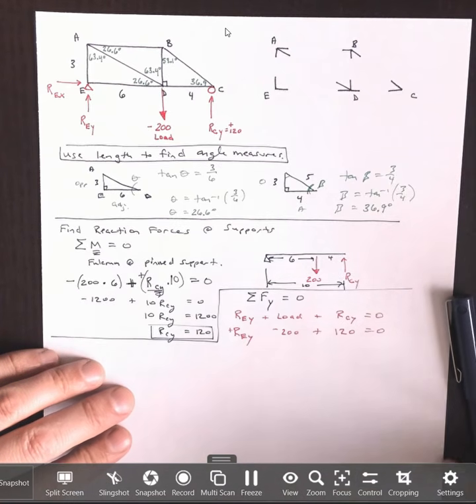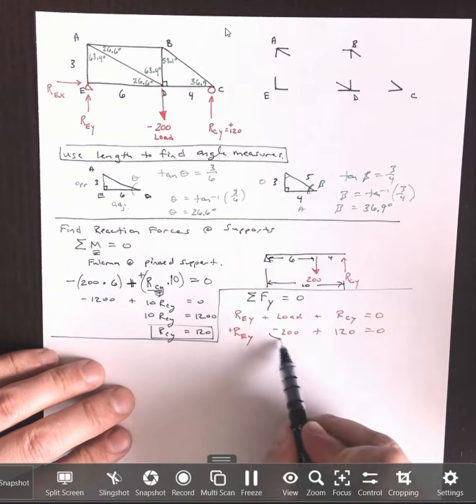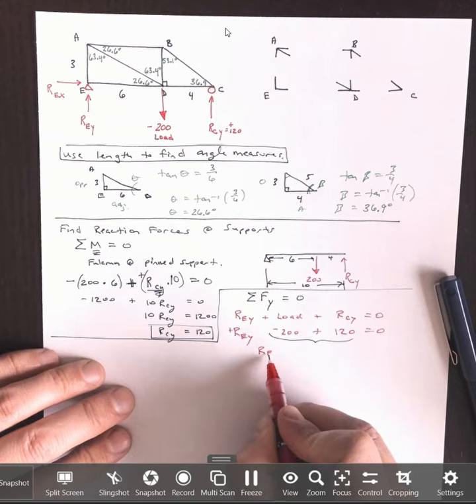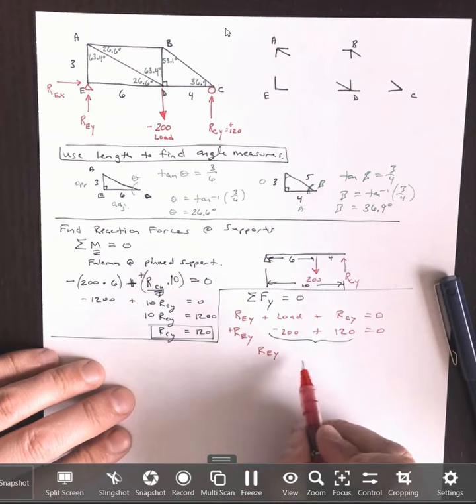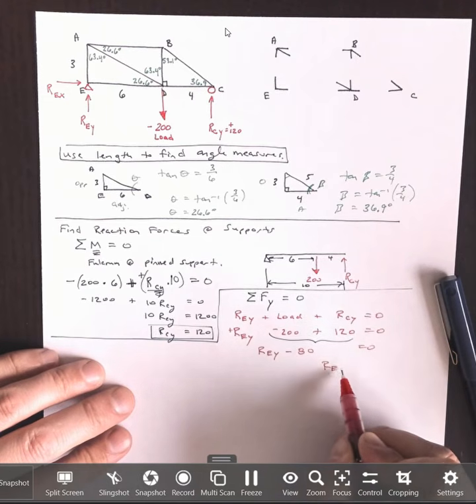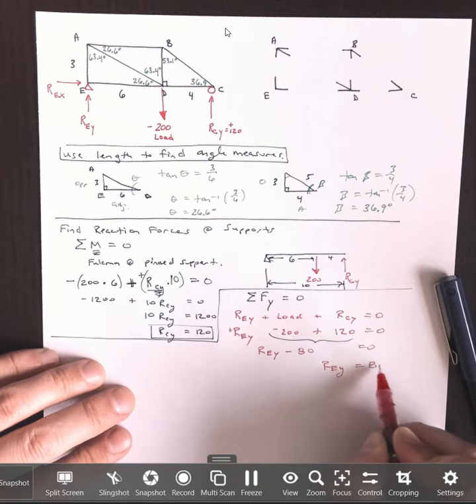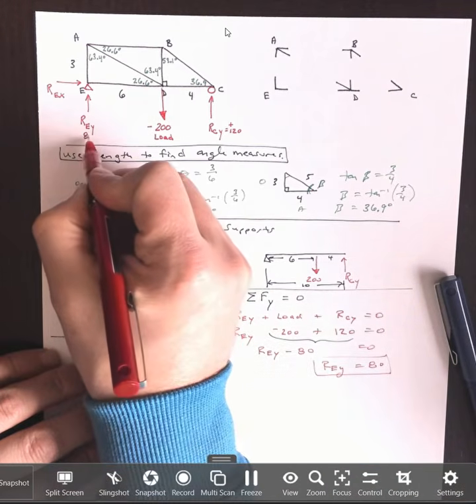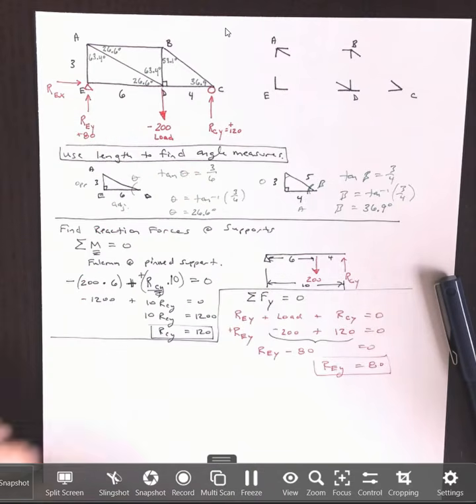And I'm going to combine like terms right there. So I get R_Ey minus 80 is equal to 0. Add 80 to both sides. And we found out that that is 80 units up.